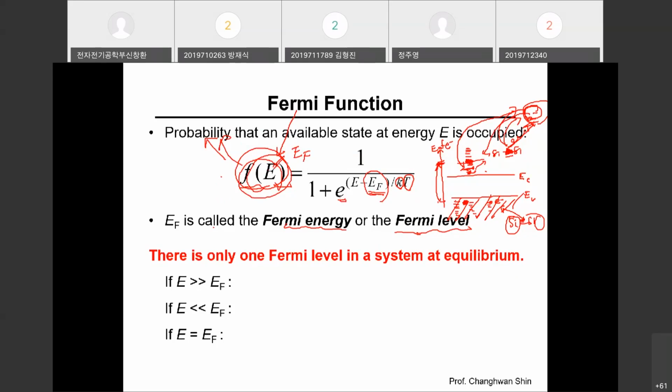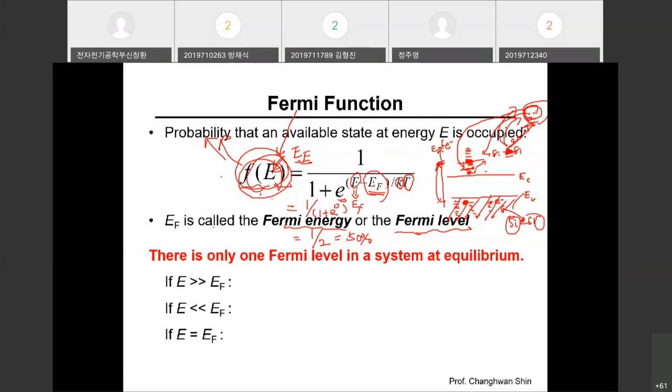Let's plug E sub F in, instead of E, and calculate this equation: 1 over 1 plus exponential of 0. What is this? 1 over 2, 50%. At an energy level equivalent to the Fermi level, the probability of finding the electron is 50%.